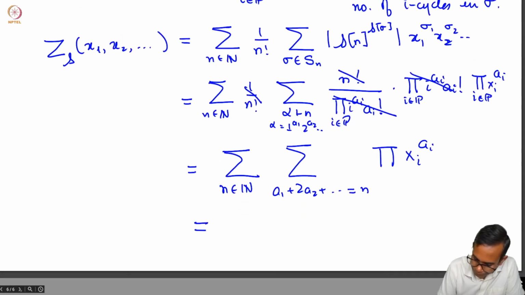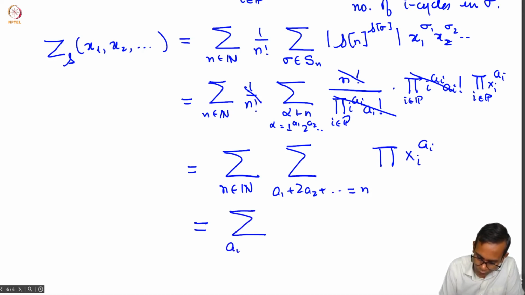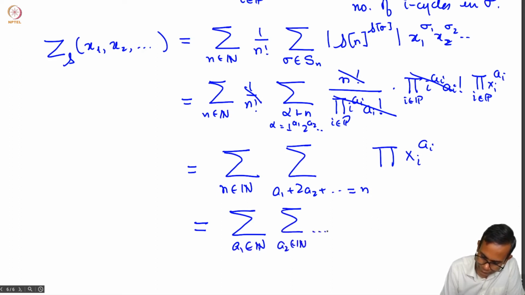Now this sum is over all non-negative integers n, and this sum is over all non-negative integers a1, a2, a3 with a condition on that. But we can just make this an unconditional sum over all non-negative integers ai. Or maybe just to be clearer, a1 in N, a2 in N, and so on.